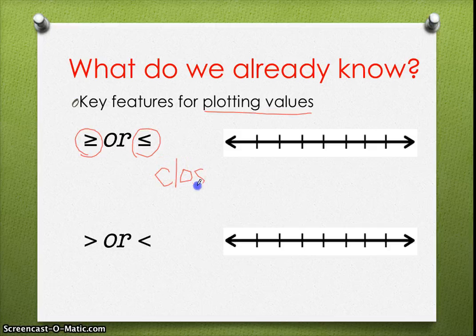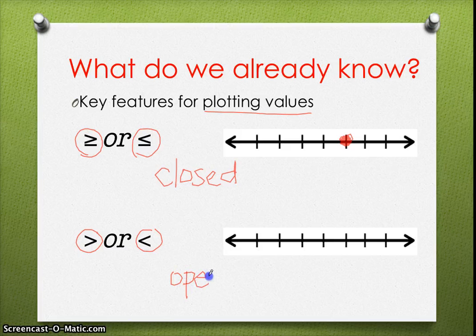This is going to be closed. And a closed circle is going to have a dot on the value that we want to graph. In contrast, if we have inequality symbols that lack that equal to expression, for example, greater than or less than, then we're going to have an open circle.